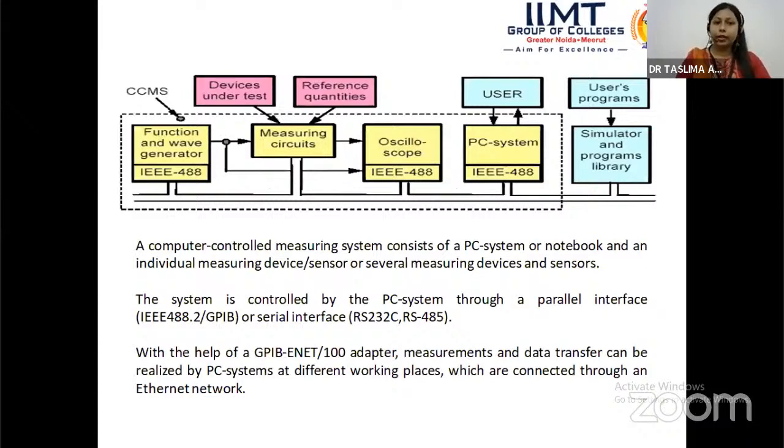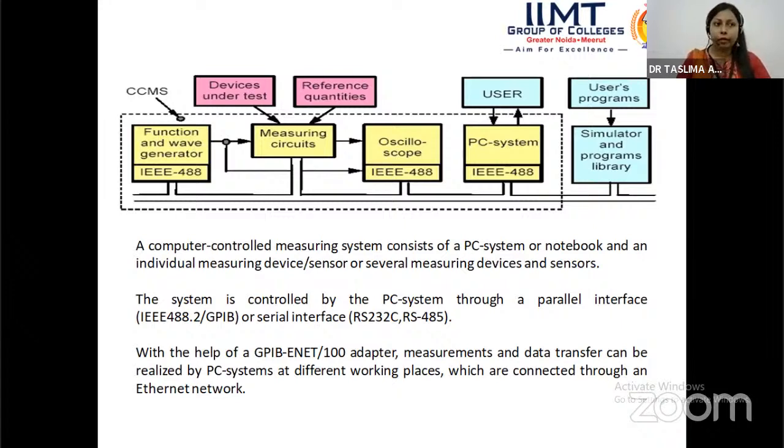In our computer-controlled measuring system, we are using the parallel interface model IEEE 488.2. And here we see the measuring system, how the computer is used as a measuring device controlling the output, that is what we see in the oscilloscope, and that signal value we are transferring to our PC system for filtration purposes.